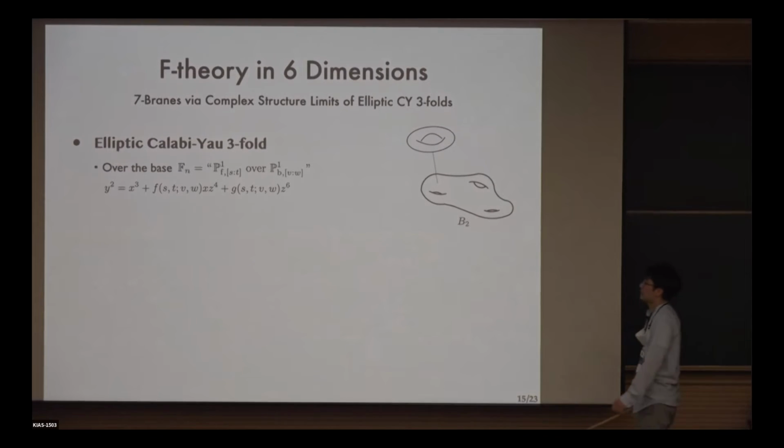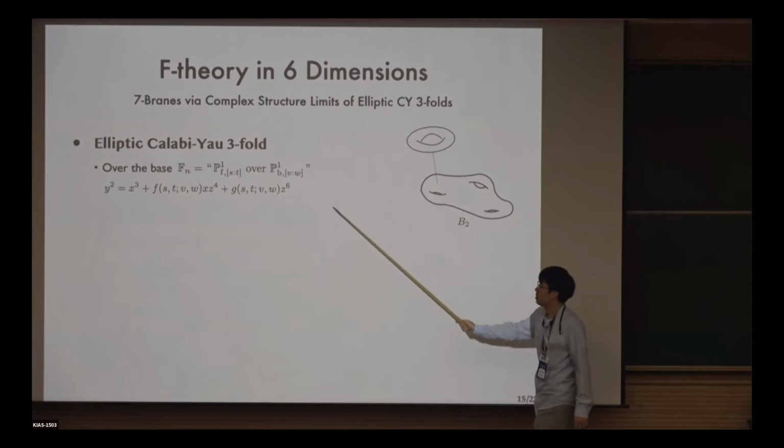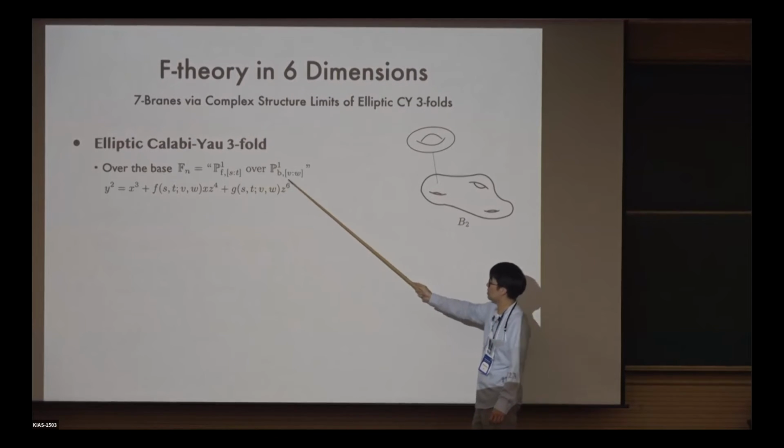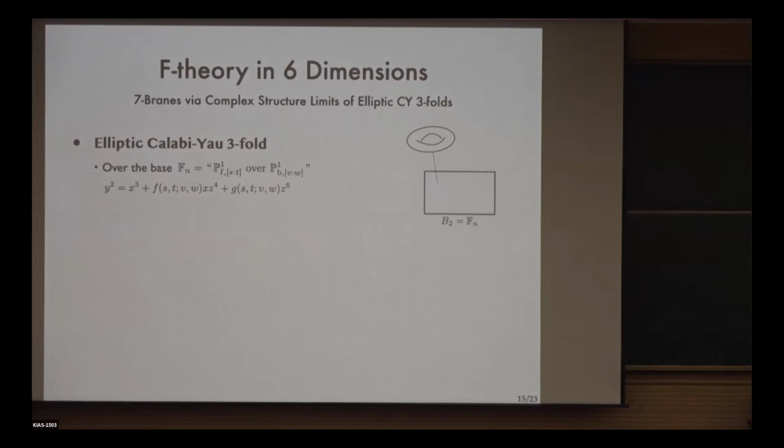And as I said, our base twofold will be a Hirzebruch surface F_n, which is P1_F fibered over P1_B. I will depict this base space typically as a square or a rectangle, and these base P1s and the fiber P1s will be denoted as the horizontal line in this square and the vertical line in this square, respectively.